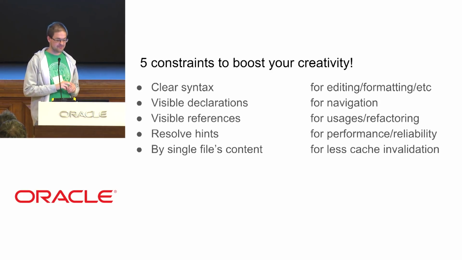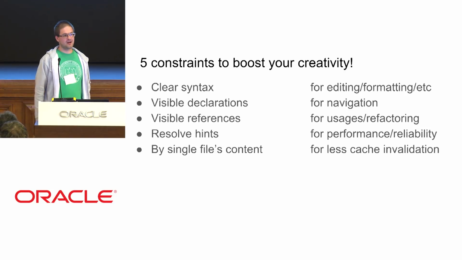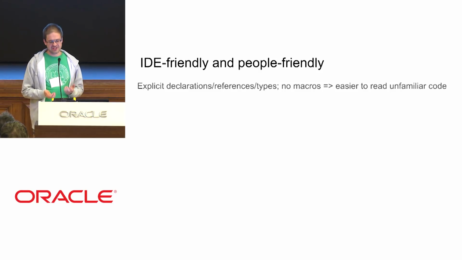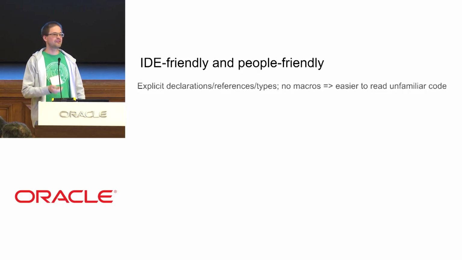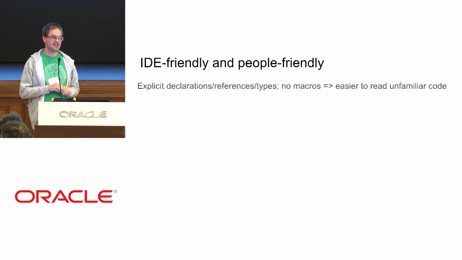And the final thing to say, I also believe that these 5 points not only can make a language IDE friendly, they are quite correlated with making the language people friendly. Friendly to the programmers who use that language. If you have declarations and references written explicitly, if you have types written explicitly in the right amount and not everything inferred, if this all is not obscured by macros, this can make it easier to read unfamiliar code.